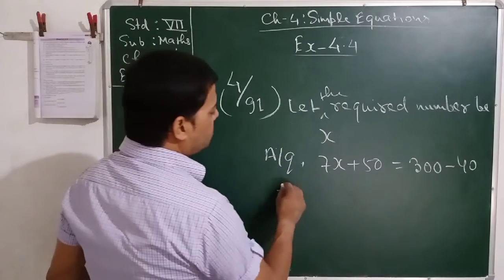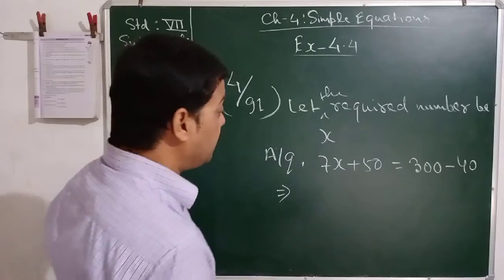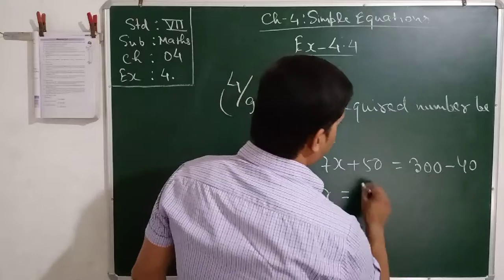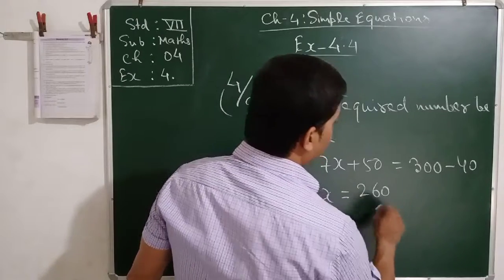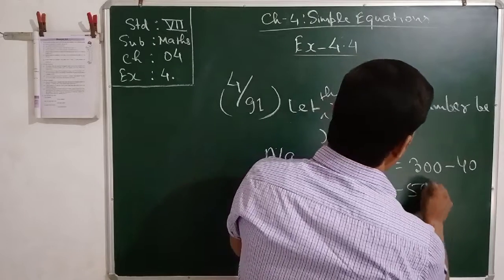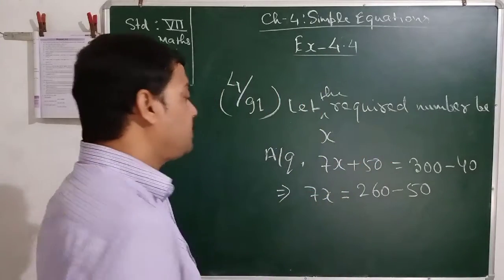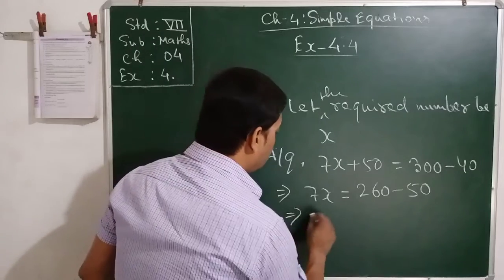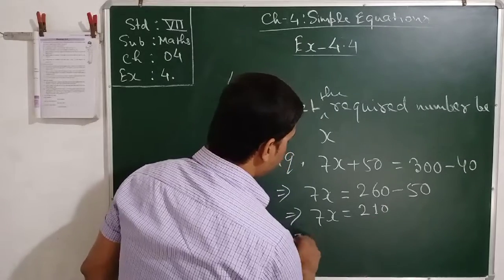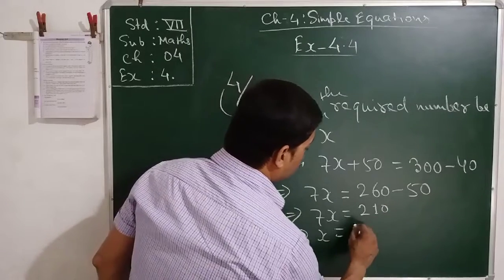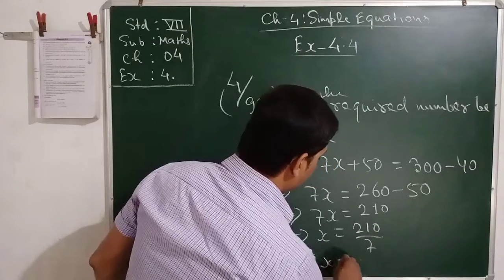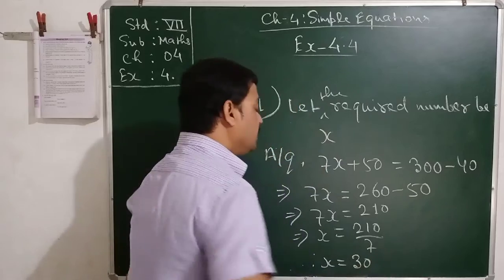Now solve this equation for x. 7x equals 300 minus 40, that is 260, and plus 50 will be transferred to the right side as minus 50. We got 7x equals 210, x equals 210 by 7, therefore x equals 30.